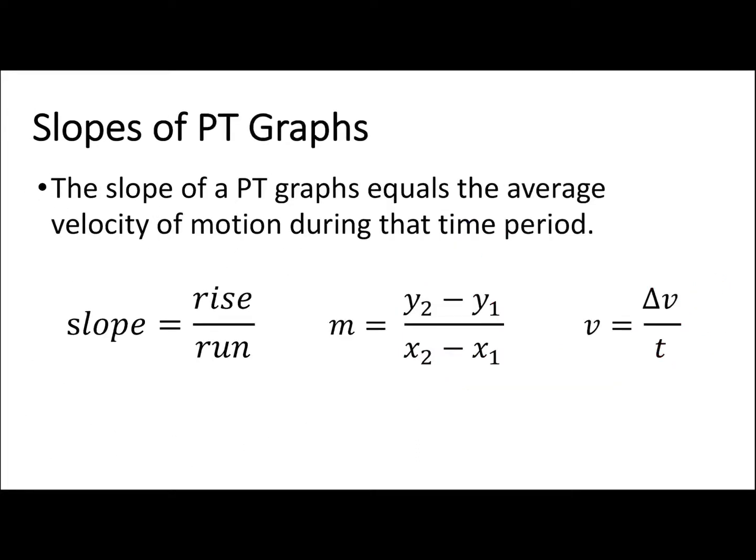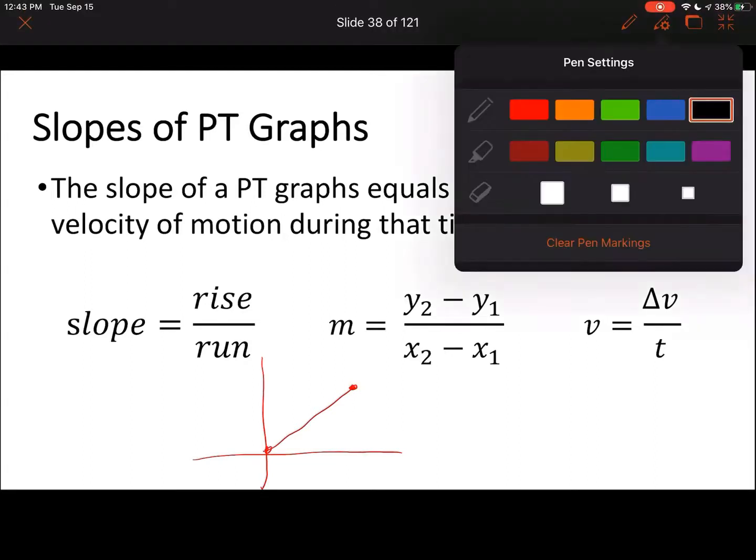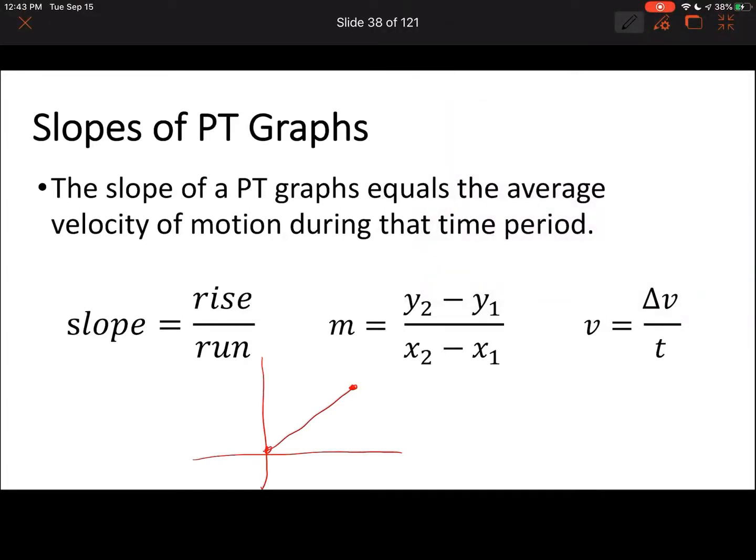And more so than just the shape of the slope, whether it's positive, negative, or horizontal, we can also get an actual velocity from the rise over the run. And think, slope is just rise over run. On a position time graph, if I have this slope, and I have, think slope is just rise over run, y over x.